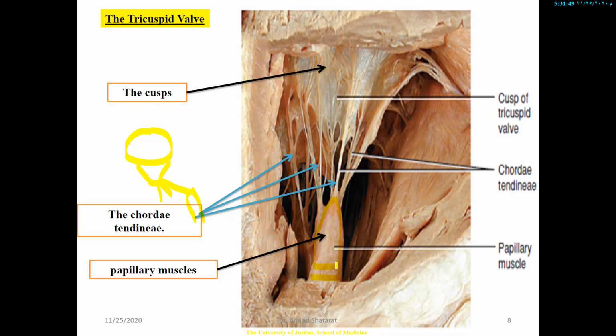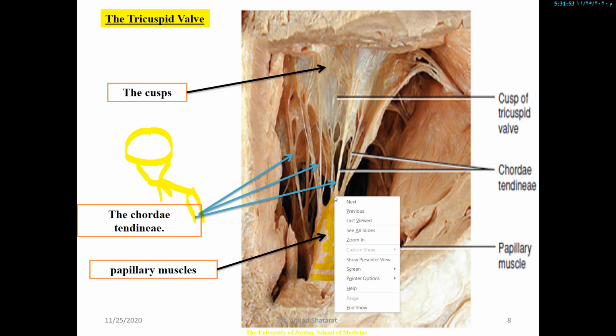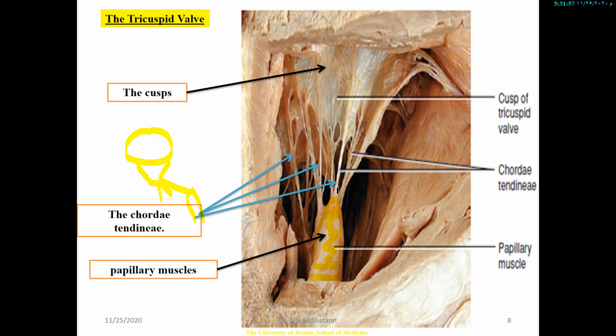This is the papillary muscle, one of them, chordae tendineae here, and eventually this is the cusp, which is attached to the fibrous annulus here from the fibrous skeleton of the heart.